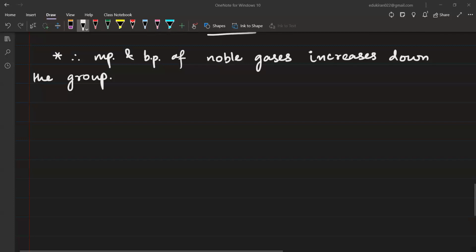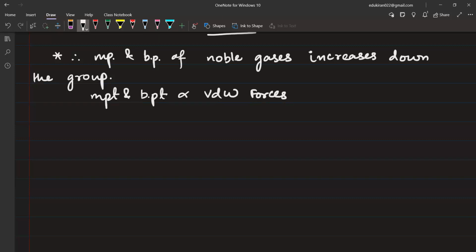So can you repeat once more? See, boiling point is directly proportional to van der Waals forces of attraction. If you have high van der Waals forces, they will be attracted together, and that is why the boiling point and melting point also, I should write, will be directly proportional, right? And as you know, if I go down the group, then what happened?